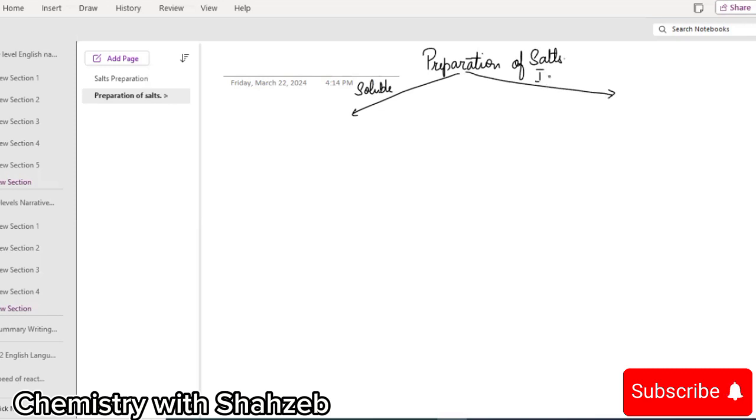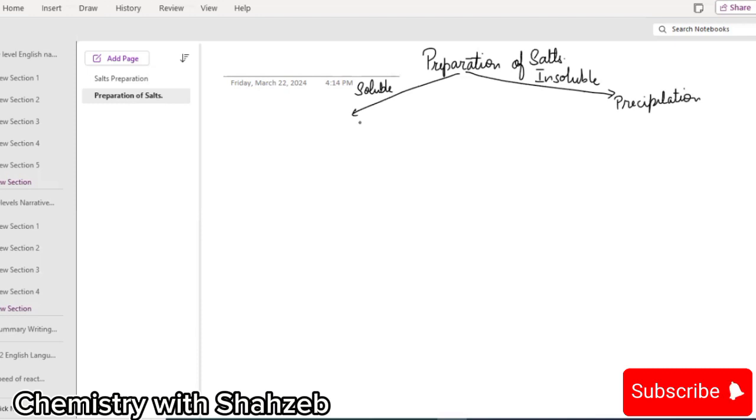There are different methods required to prepare soluble salts and insoluble salts. The method by which we can prepare an insoluble salt is the precipitation method.